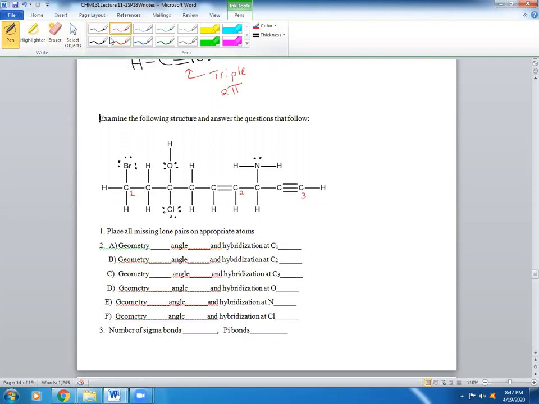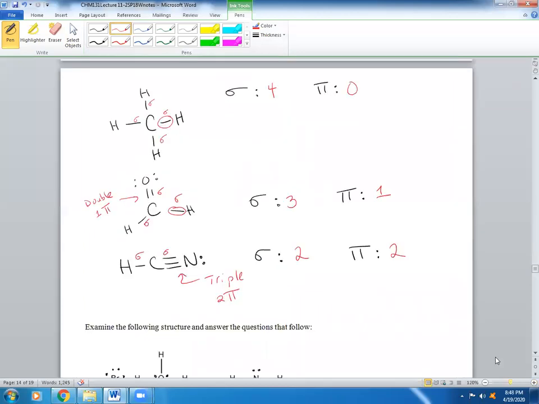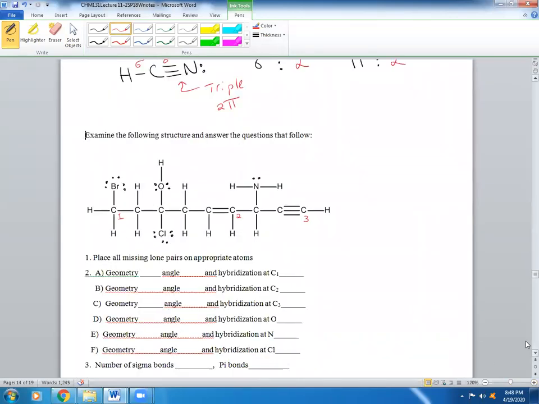Remember, if you figure out the hybridization or the geometry, either or, one or the other, you'll figure out the other one. So I'm going to look at hybridization from what I did before and figure that out.